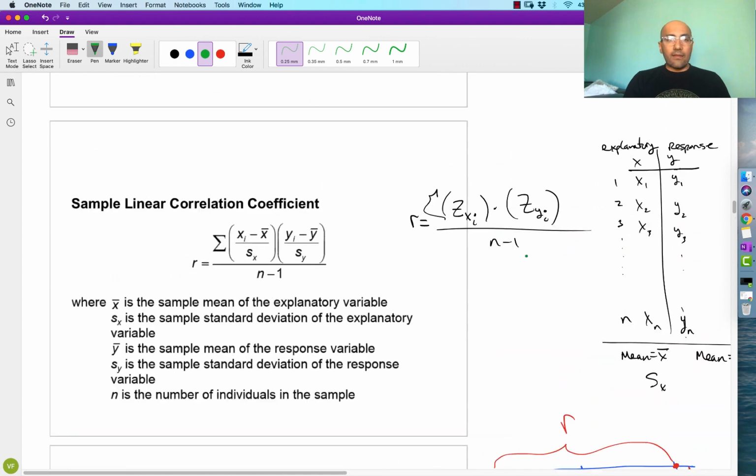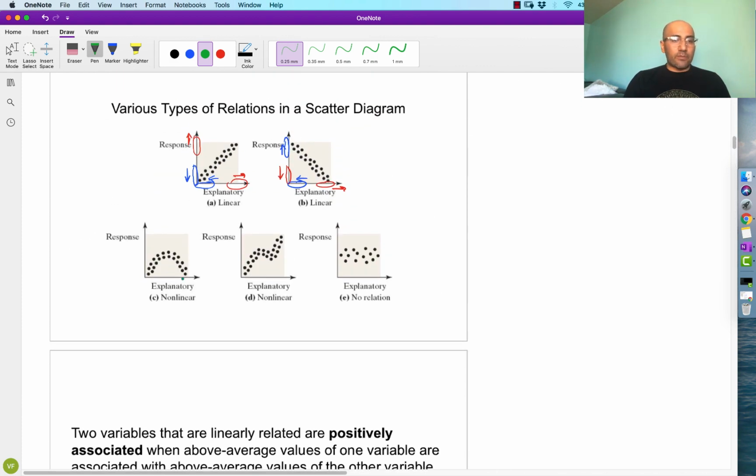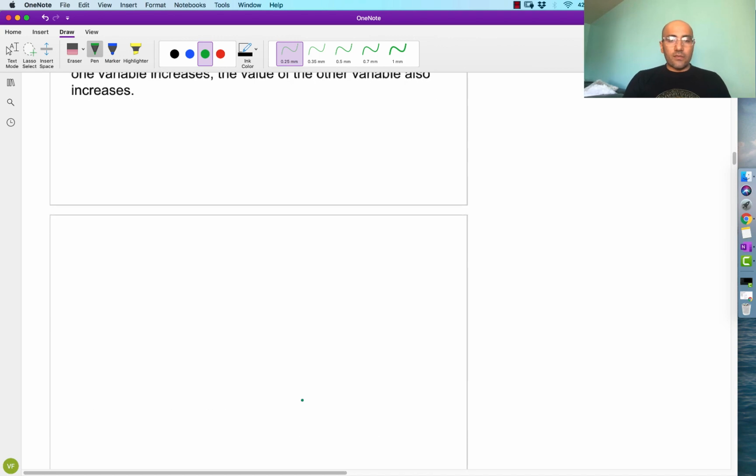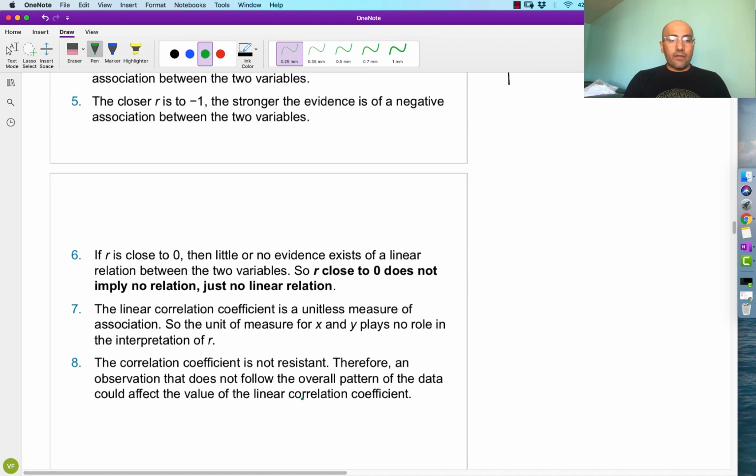Remember that up here we established that it might have some sort of relationship like this one, but this R value can only detect whether it's linear or not linear, and whether it's positively or negatively associated. But if the relationship is parabolic, for instance, our R value is going to be close to 0. So close to 0 means that we do not have strong evidence that there is a linear relationship.